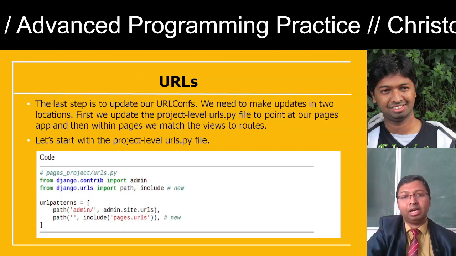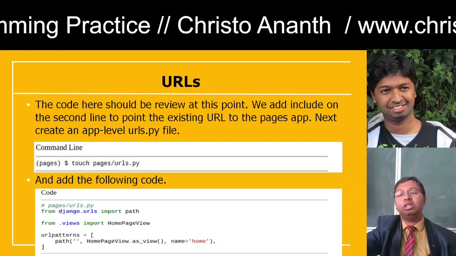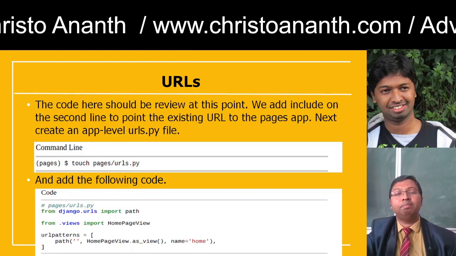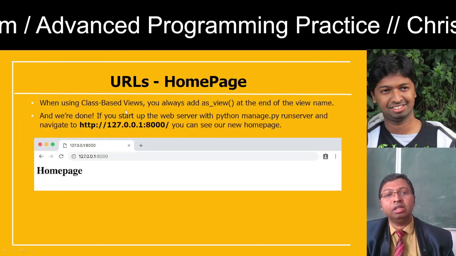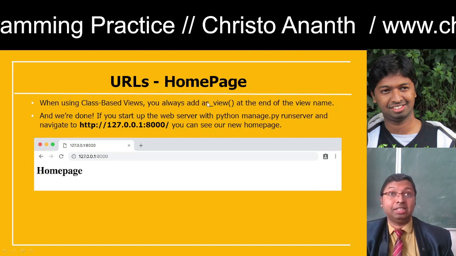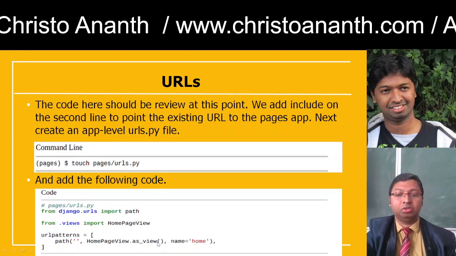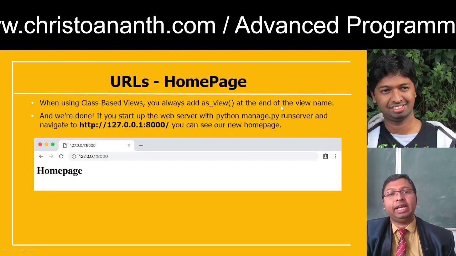Earlier we had TemplateView, and now we have HomePageView.as_view(), with name equal to home. This is the path you are specifying for the URLs. When you use class based views, you use as_view, which is added at the end of the view name.